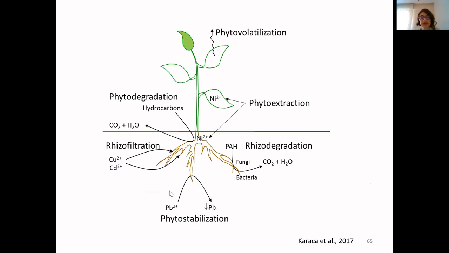In phytoremediation, contaminants can be stabilized near the root area, or the root can take the contaminants. These contaminants can be organic or inorganic, like heavy metals, or the contaminants can accumulate in the leaves or stem area.